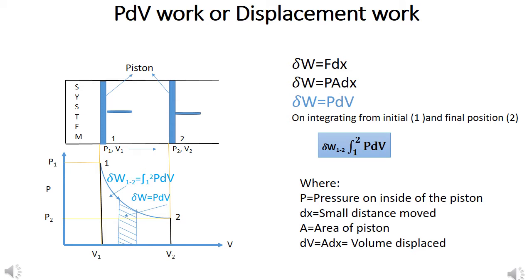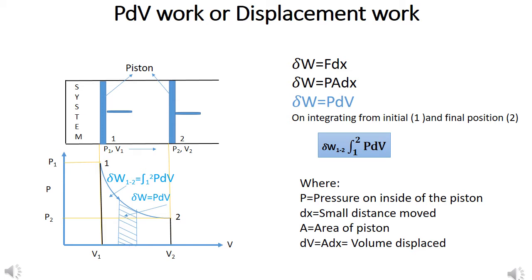Let us assume that P is the pressure inside the piston, dx is the small distance moved, A is the cross-sectional area of the piston, and d is the diameter of the piston. Work done is given by force into distance moved. As we all know, pressure is F by A, that is force per unit area, so F is equal to pressure into area.